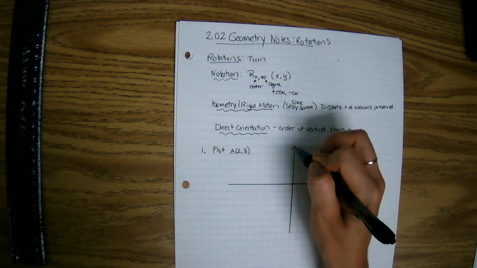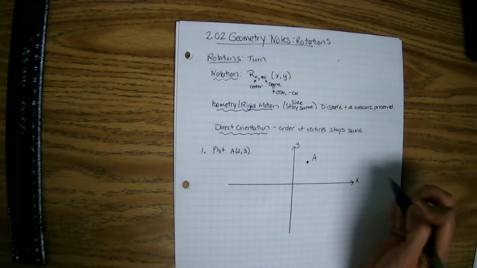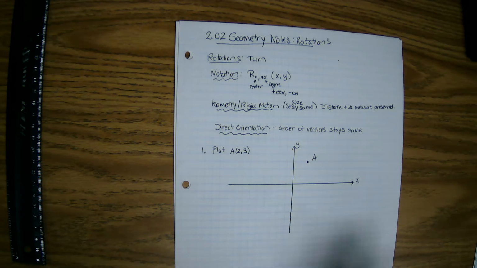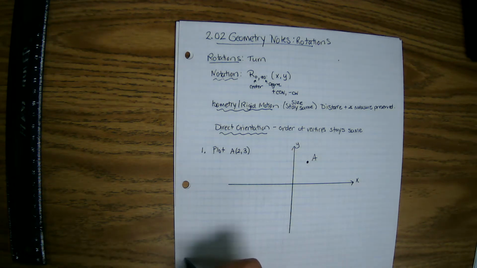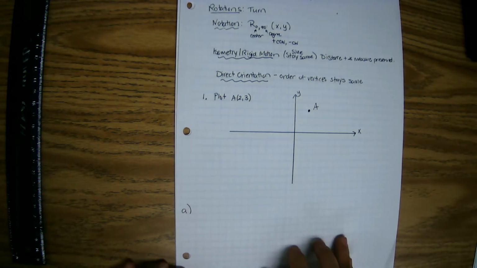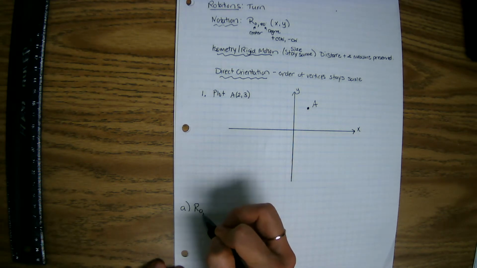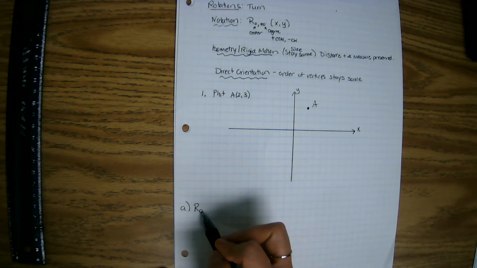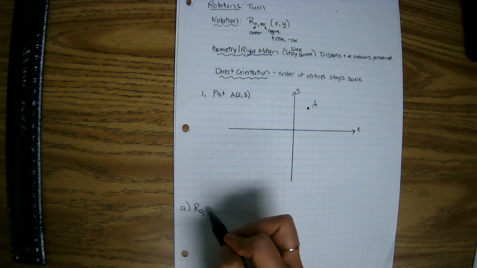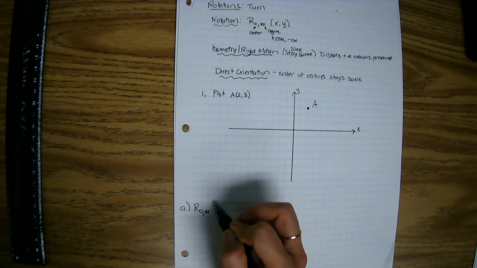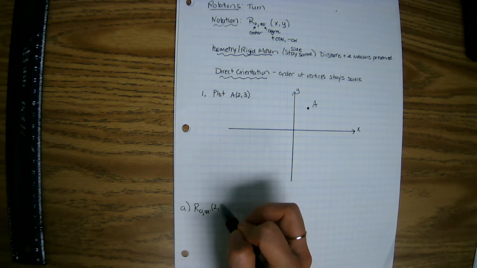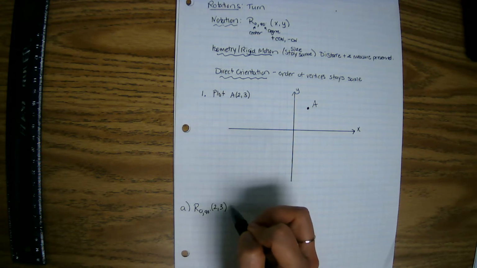That's our point A. This is our y-axis and our x-axis. So I'm going to do 3 parts to this question. Part A is going to be that I want to rotate this point about the origin. It's so important that you put that O there, or whatever point you're rotating about right there. On the Regents exam, if you don't write that, you will lose points every single time.